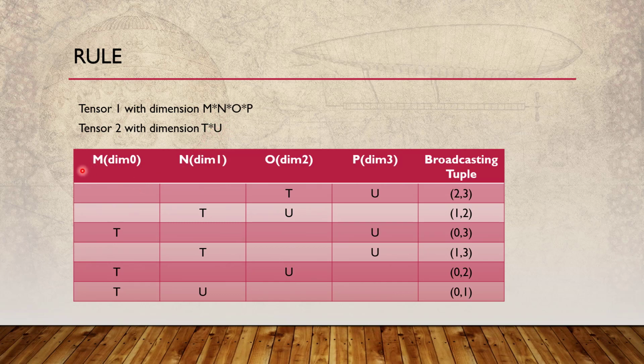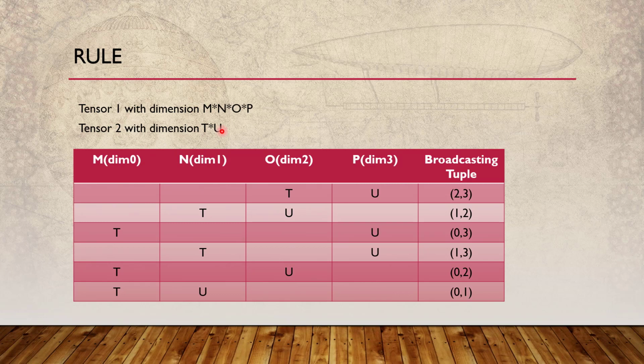Now I just make it as a table over here, and if you see it, m is the dimension 0, n is the dimension 1, o is the dimension 2, and p is the dimension 3 here for the higher dimensional tensor. And for tensor 2, t is the dimension 0 and u is the dimension 1 here.